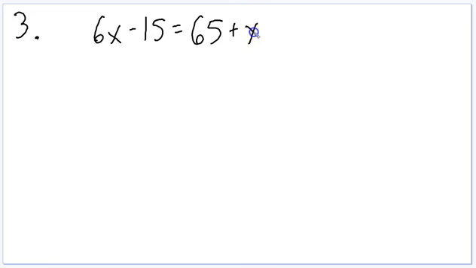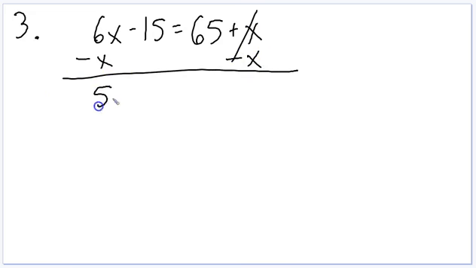All right, number 3, we get 6x minus 15 equals 65 plus x. So like I said before, you want to keep a positive x, so I'm going to bring this x over here. That's gone.